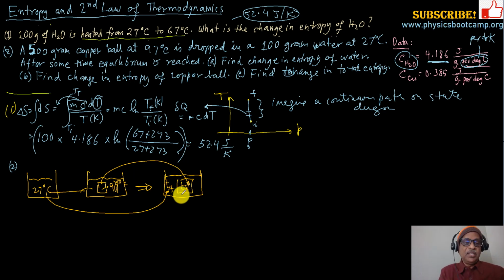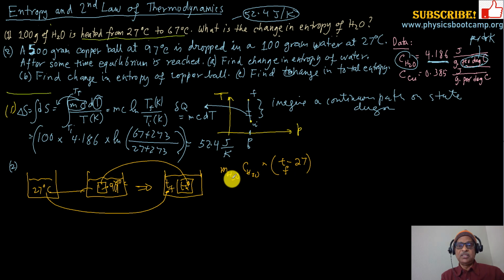So here you remember from calorimetry, right, that the energy transferred out of copper will become the energy gained by water, and then the equation has to be written down as m H2O c H2O times T final minus 27.